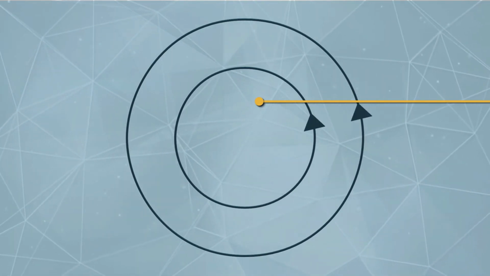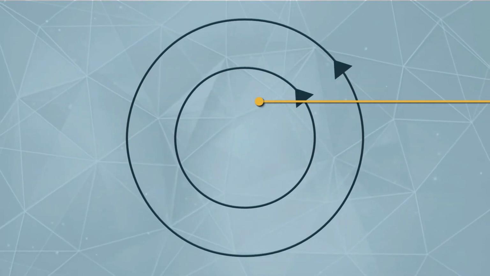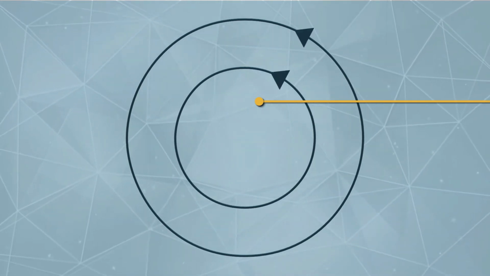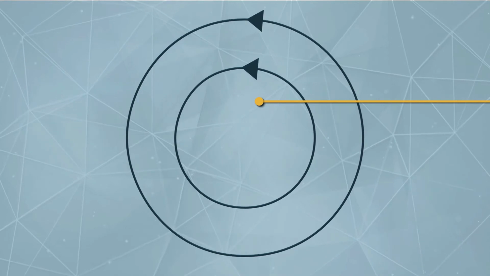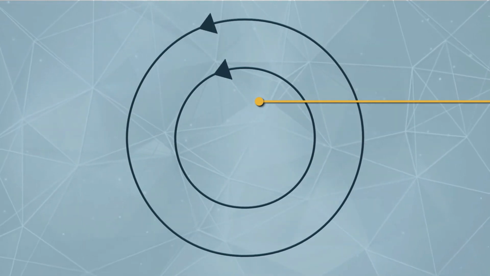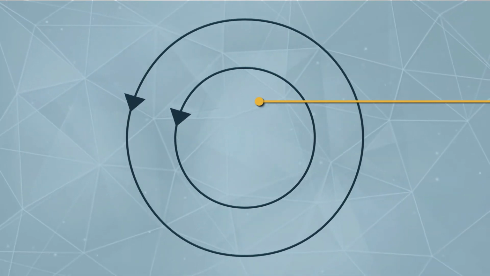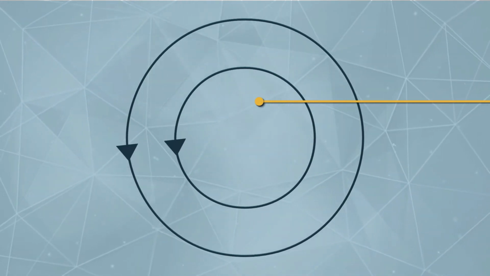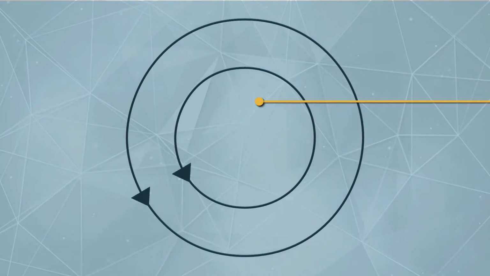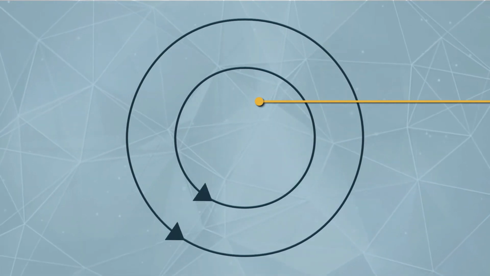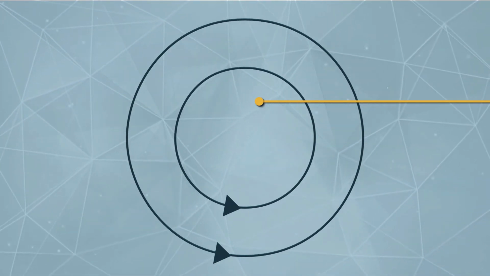If the path we cross is traveling from right to left as we cross it, then we increment the counter. But if it is traveling from left to right, then we decrement the counter. When we reach the edge of the canvas, if the counter is non-zero, then the point is inside the path and should be filled. But if it is 0, it is outside the path and should not be filled.